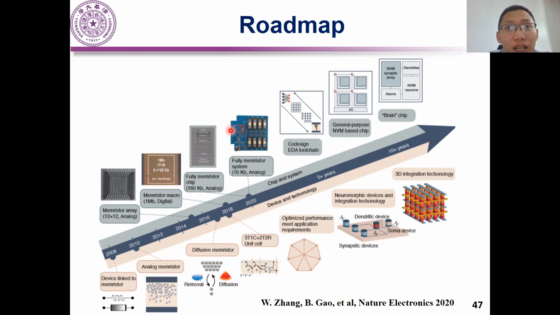But in the long future period, we still need to improve the device performance continuously. This is a long time work, maybe takes more than 10 years, I think. And especially we need to focus more on the reliability issues.